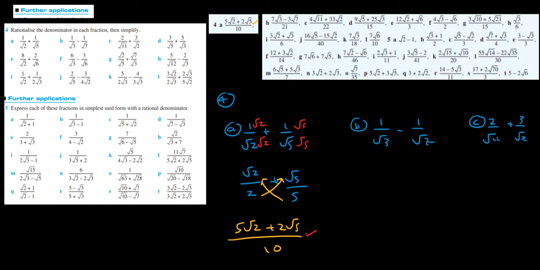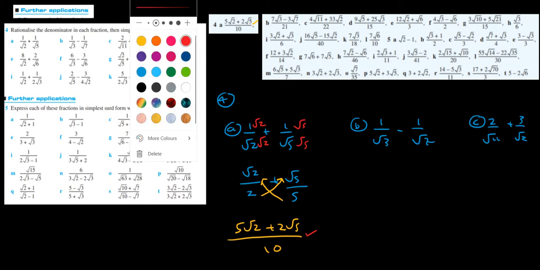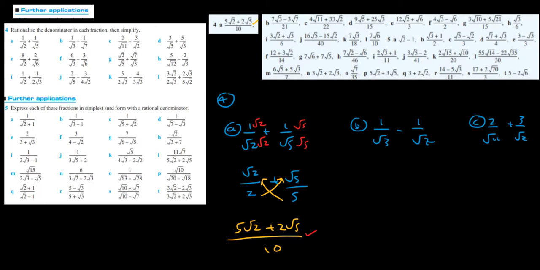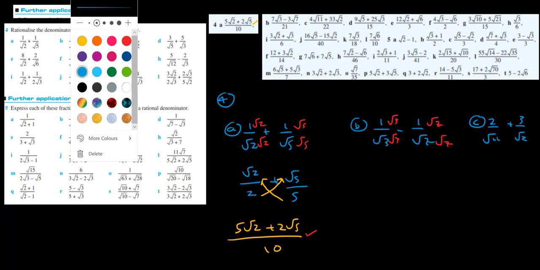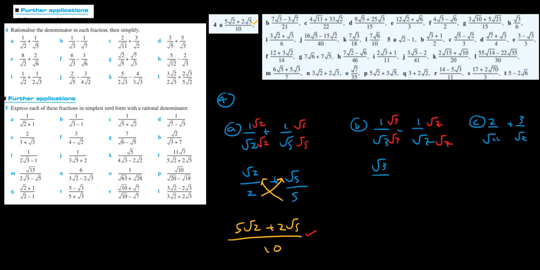So let's have a go at doing B. If you didn't get it right, why don't you pause the video and see if you can do it? Okay, root 3, root 7, root 7. So we're going to get root 3 over 3 minus root 7 over 7.